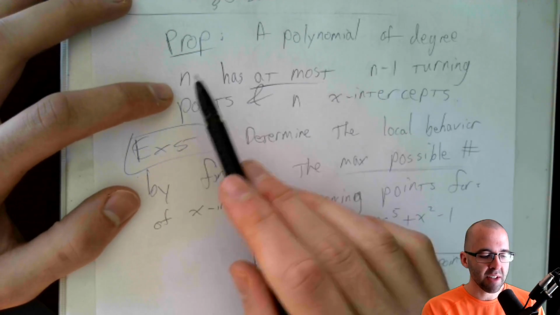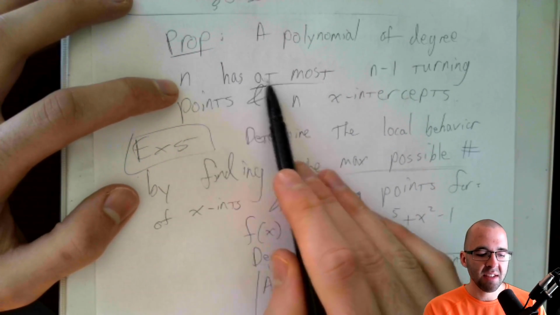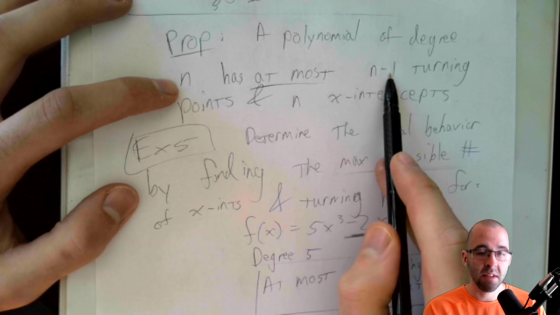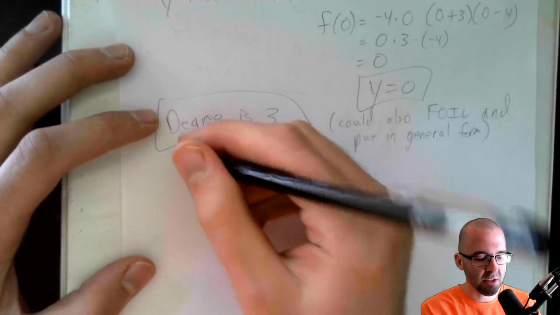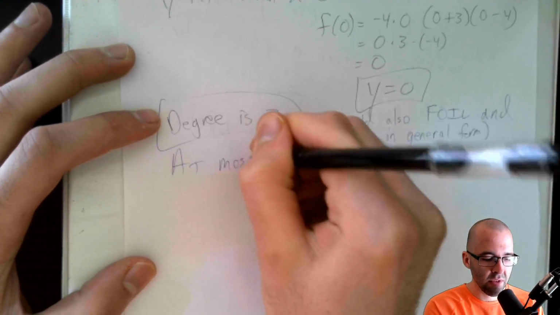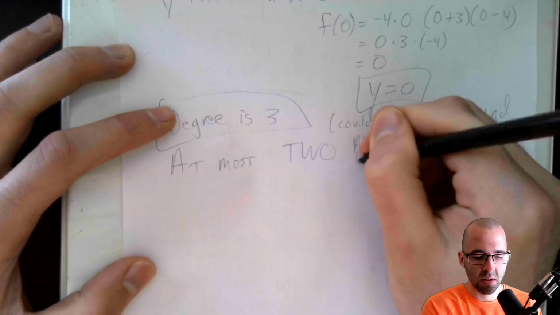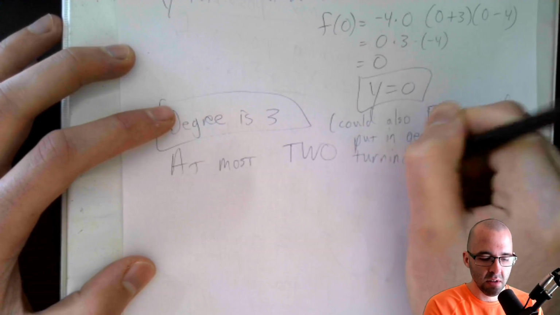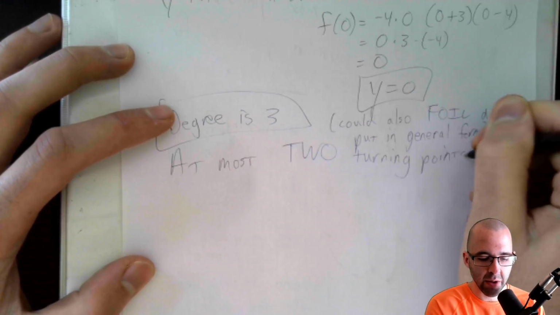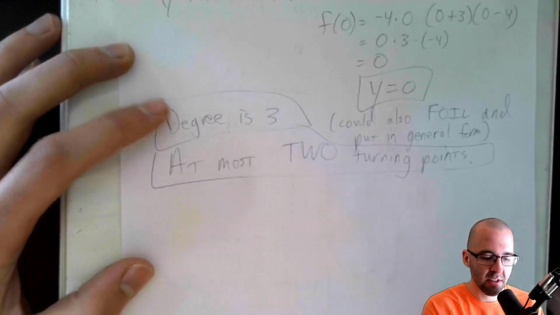So our polynomial has degree 3. So it has at most 3 minus 1, 2 turning points. Good. And that's the section. At most 2 turning points. We use capital letters to show how excited we are and confident in our answer.